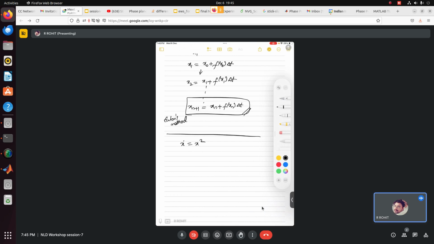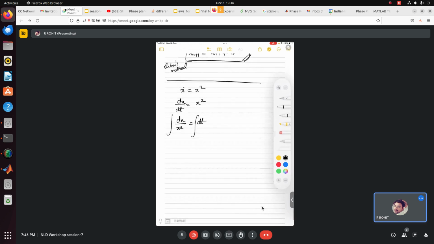This is a normal integration you can do, where you can find the analytical solution. This is nothing but dx by x square is equal to dt. If you integrate it, you get the integral of x to the power minus 2 dx equal to the integral of dt. This is nothing but x to the power minus 2 plus 1 by minus 2 plus 1 is equal to t plus the integration constant c.